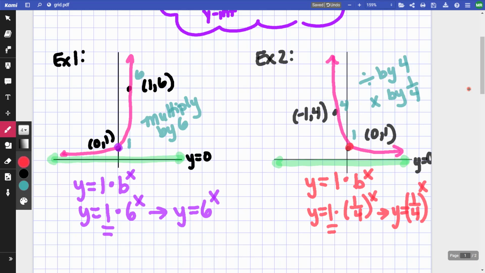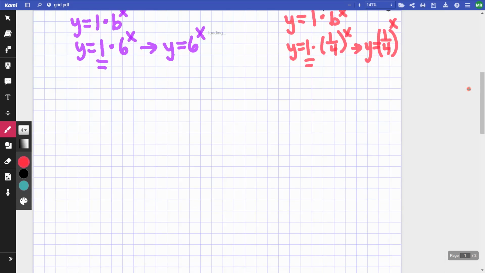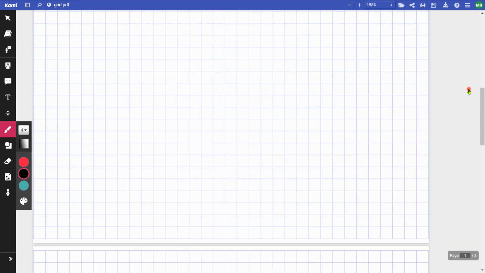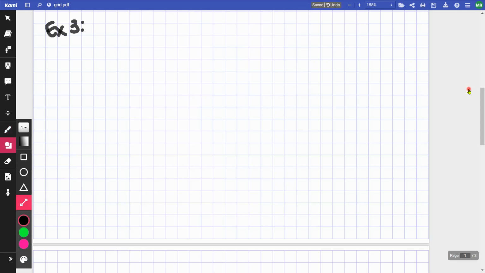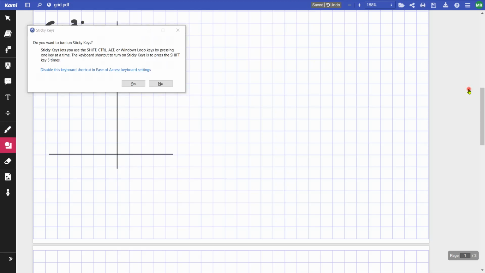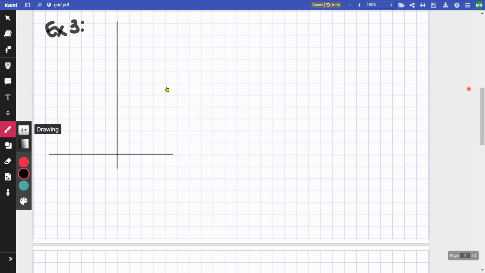So now let's try one where maybe our y-intercept is not at 1. Let's say, for example, we have a graph. I'll just draw my graph. And let's say that we have a point at 0, 2, and a point at 1, 6. 3, 4, 5, 6.